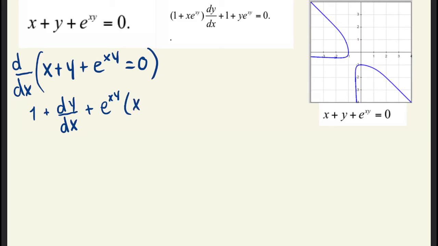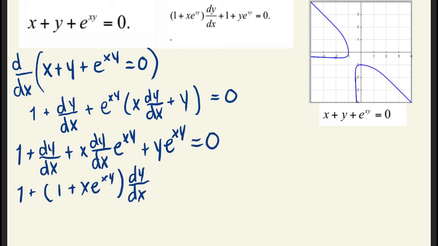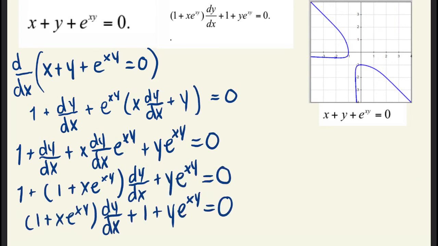It would be e elevated to the xy multiplied by, and then we apply the multiplication of derivatives rule, which is the first term multiplied by the derivative of the second, and the second term multiplied by the derivative of the first. Then we do multiplication, distribution, and we regroup the derivative of y with respect to x.